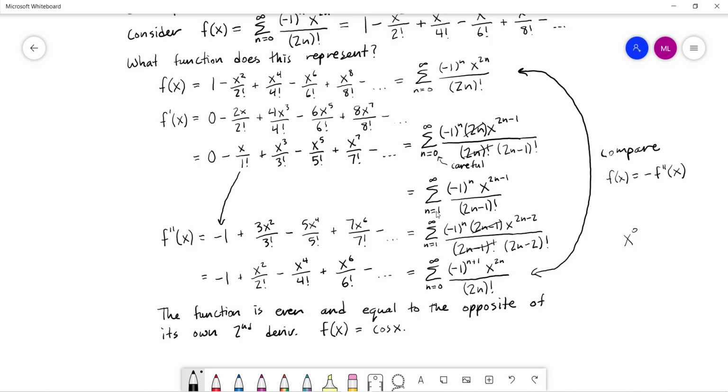Anyways, long story short, here's a little bit of exercise in re-indexing, but the main concept is: if you can represent a function by a power series, then you can represent the derivatives of that function by the derivatives of that power series. And so that's going to be the main takeaway. This is going to be a tool that we use a lot going forward.